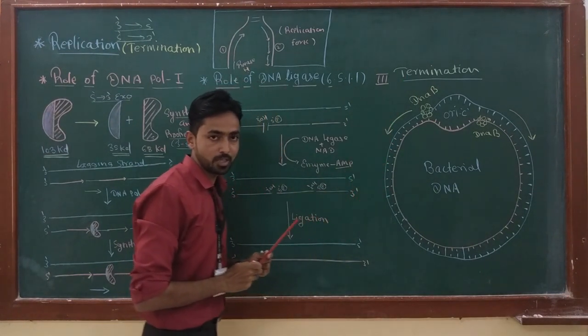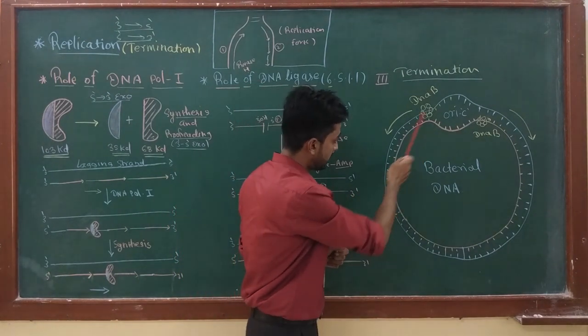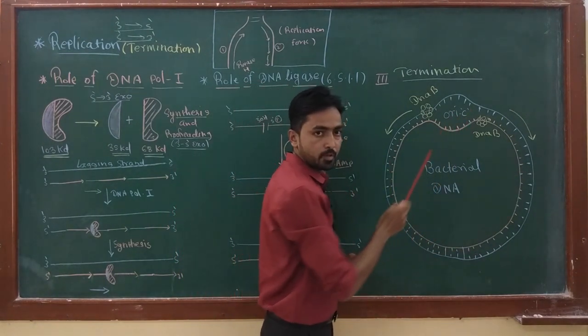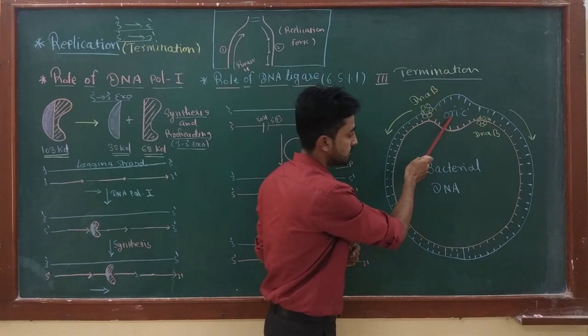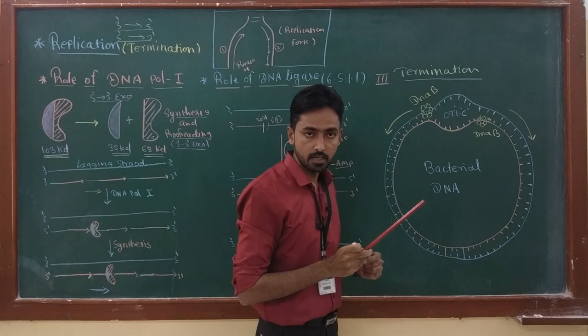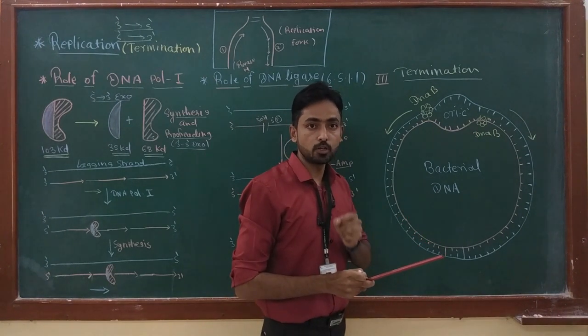Before starting with termination, you should consider the bacterial DNA. If the bacterial DNA is a circular, covalently closed circle, and this is the OriC site, we know that the 245 base pair site present on the bacterial DNA acts as the origin of replication.